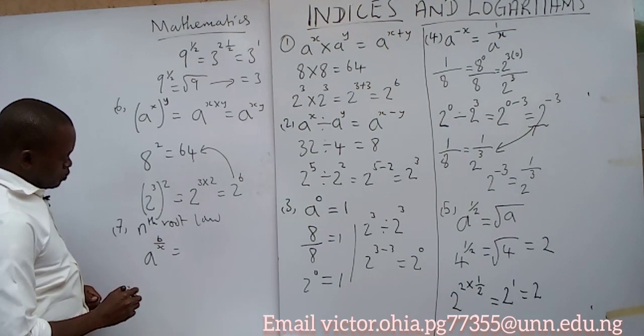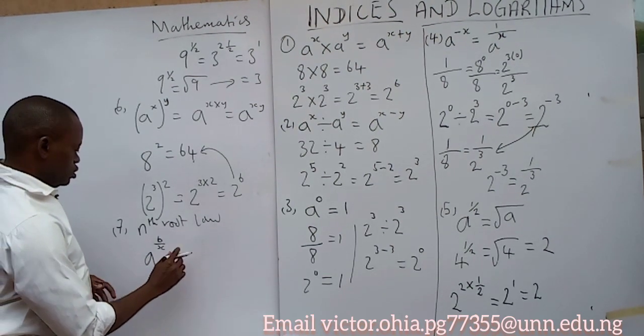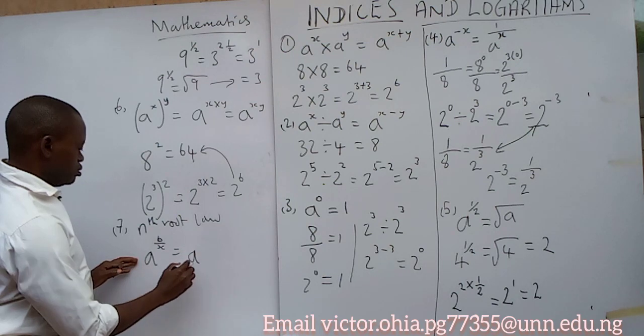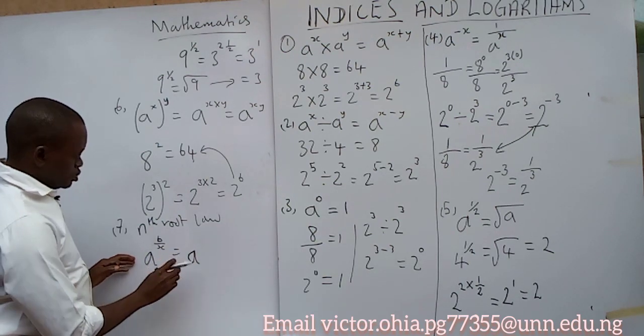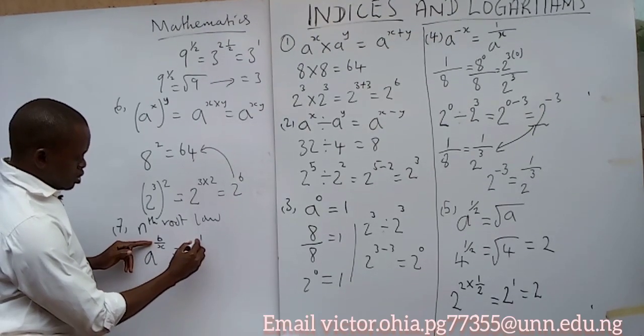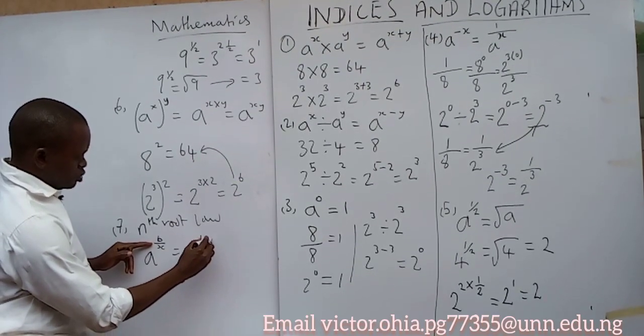I think that's better. So if you separate this, please follow me, you are going to be seeing a raised to power 1 over x multiplying b.